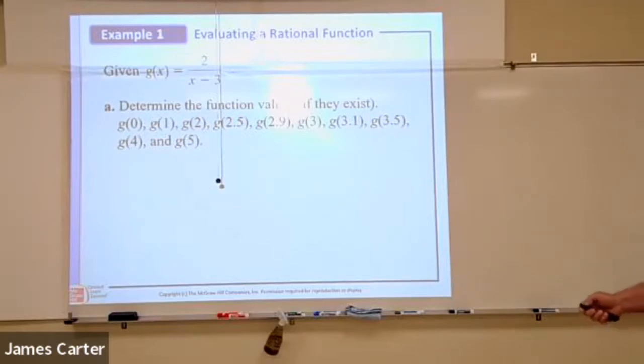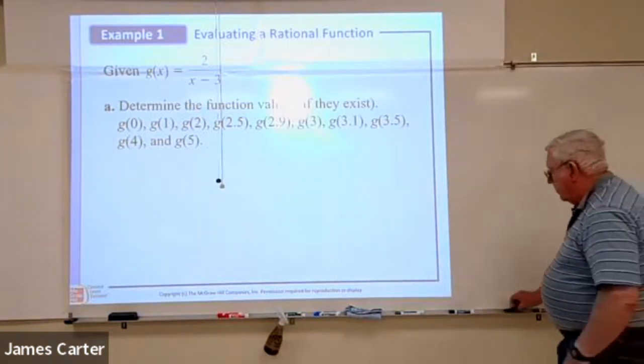We get -2. We set it equal to 2, then we get -1 for the answer, -0.5 for the answer, -0.1 for the answer. But here we would get 0 for the answer. You see that? So therefore, on this equation, 3 cannot be part of the domain.